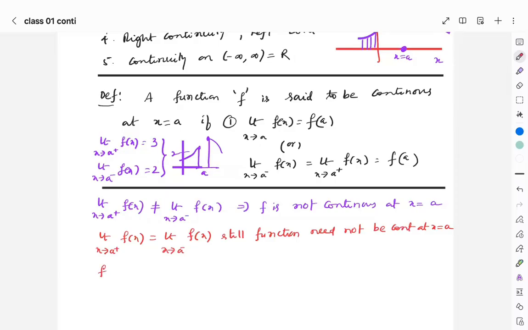Let us take an example. f of x is some expression for x less than a, 4 for x greater than a, and 5 at x equal to a.